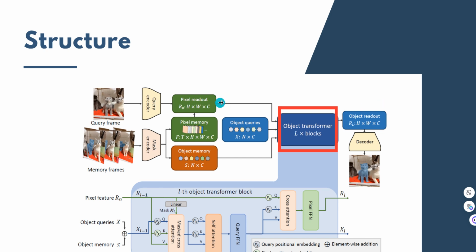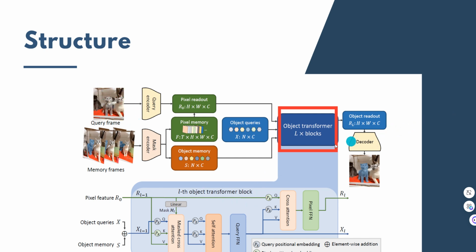For example, if the object memory stores each trained frame, every row indicates the original image, and the object queries will indicate the blue part to show that feature of the input image.